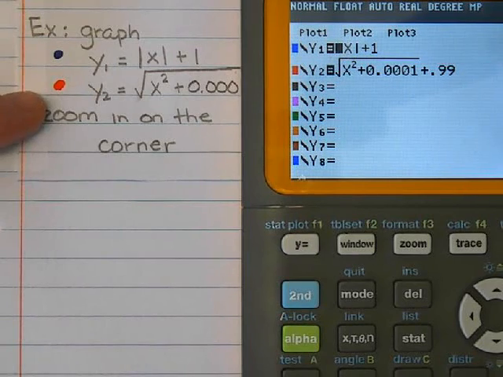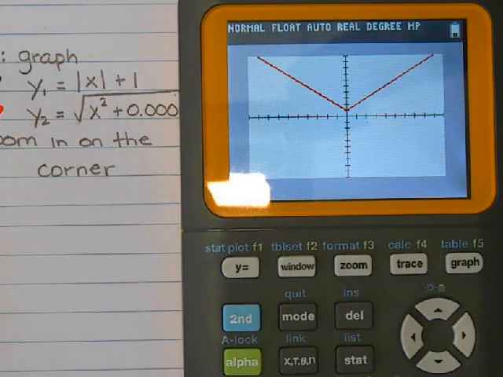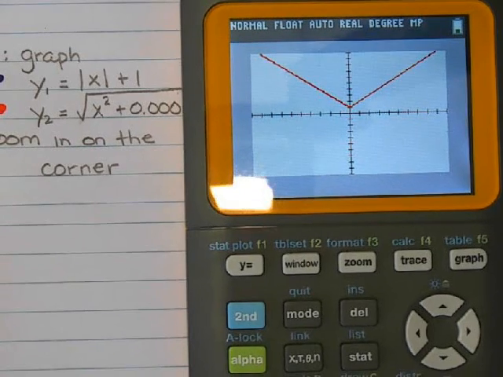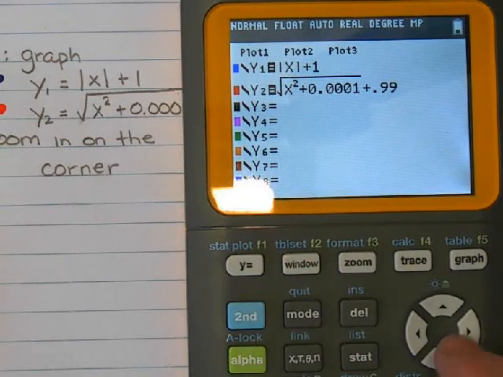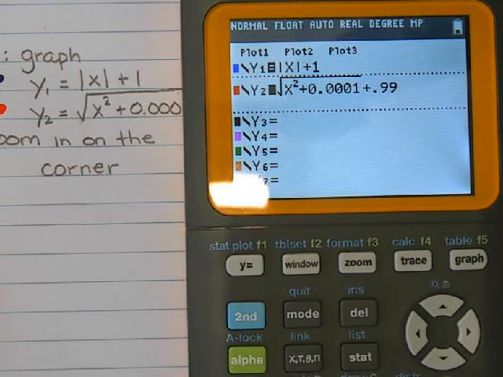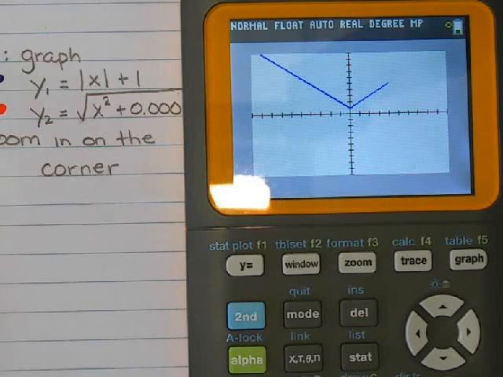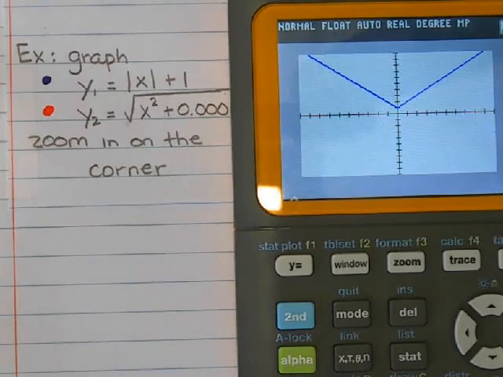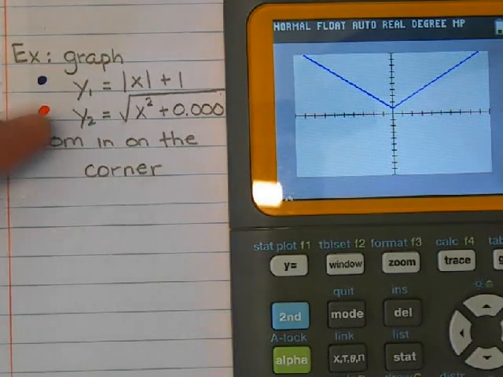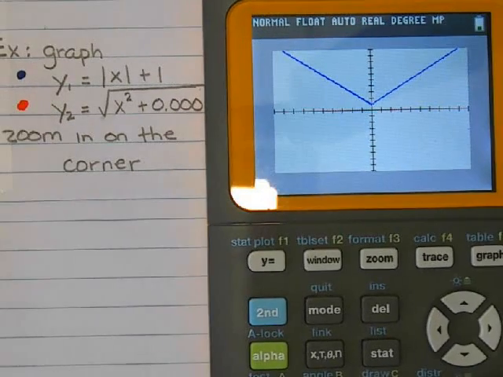The second one is red. Let me turn off that graph, and here is the first graph. The blue one is the absolute value graph, and the red one is this one right here.